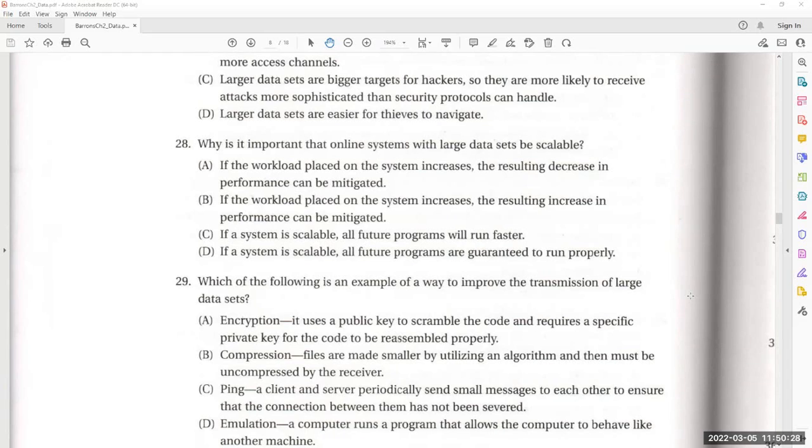Scalable means that when the workload or data gets bigger, the system's performance will be managed, right? So which one is the answer? B. Now the answer to 28 is A.